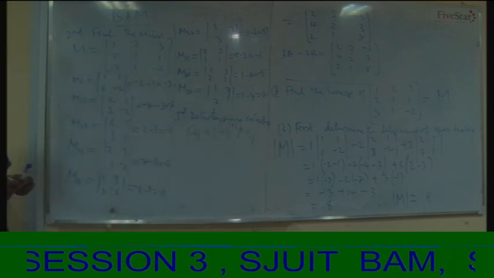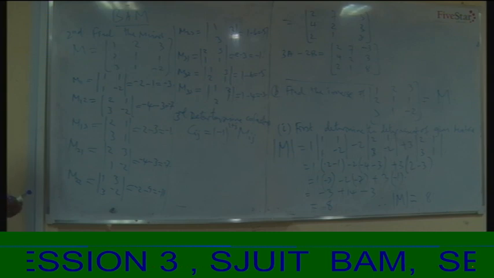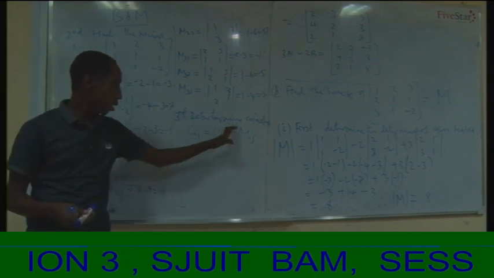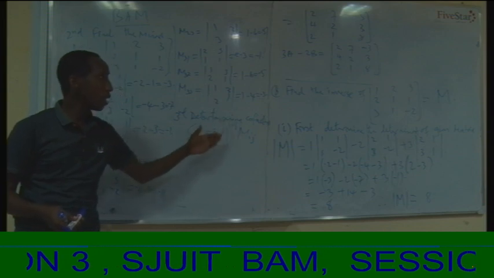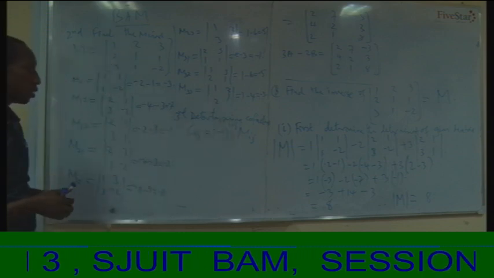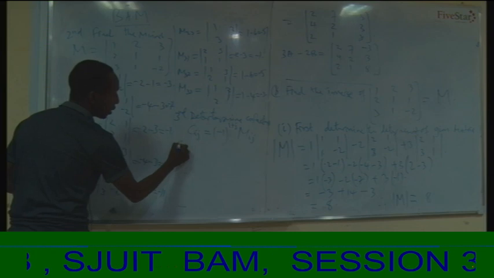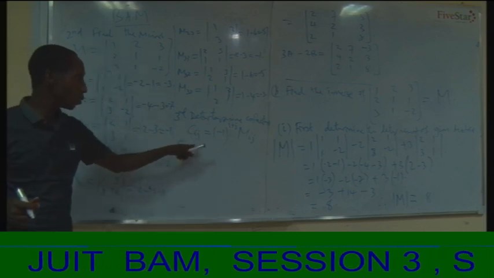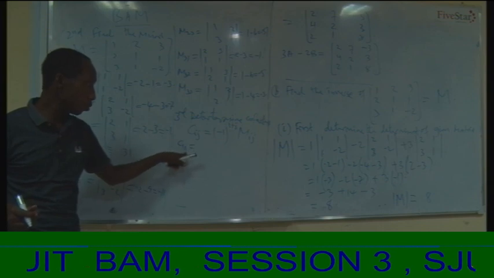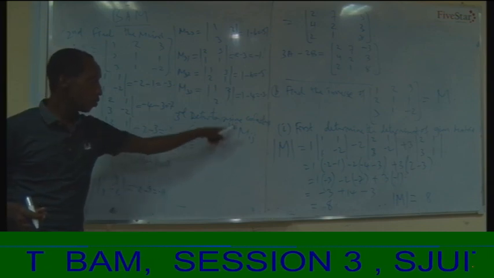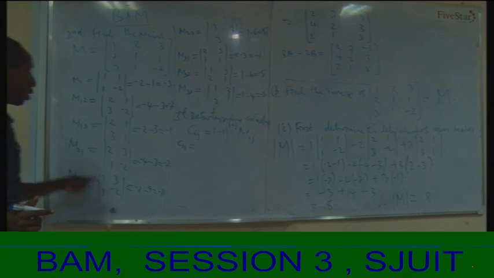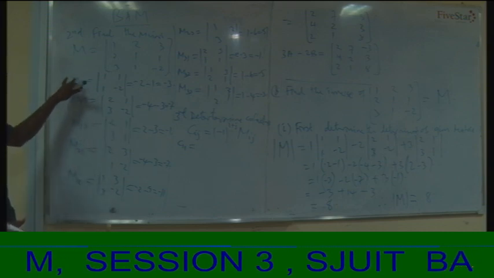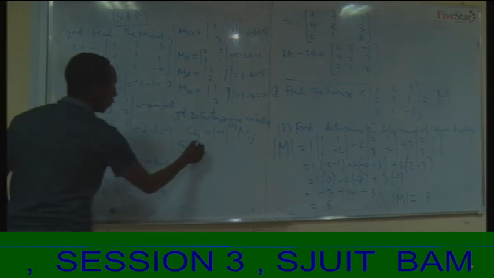Mij is the minor that we have obtained here, and this negative 1 to the i plus j determines the sign, whether it's positive or negative. So here we need to know what is C11, where i is 1 and j is 1. 1 plus 1 is 2. Negative 1 exponent 2 is positive, which means M11 will not change the sign. So this will be equal to negative 3.